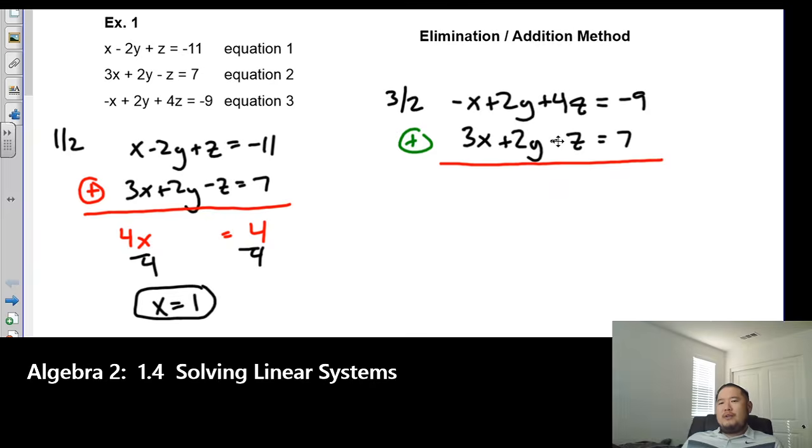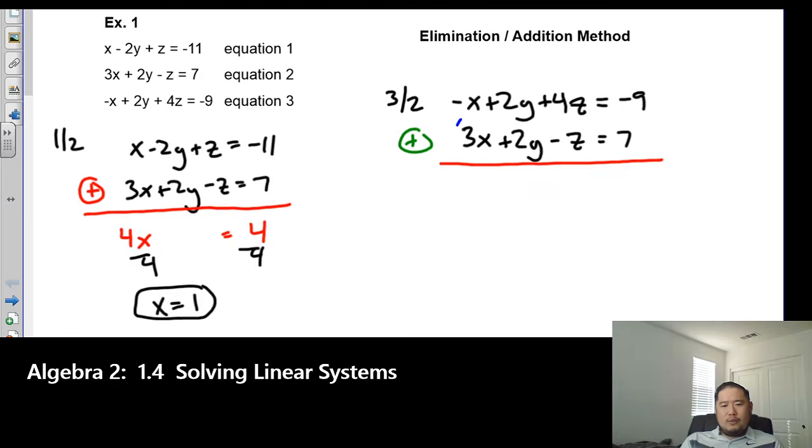So what you're going to have to do now is look at the coefficients of the z's. I've got 4 and negative 1, or 4 and 1. I have to figure out what the lowest common multiple is. You may remember LCM. So what is the lowest common multiple of 4 and 1? It's going to be 4.